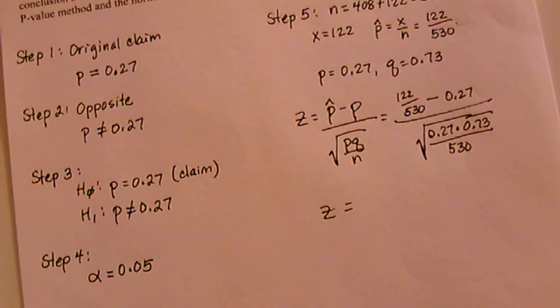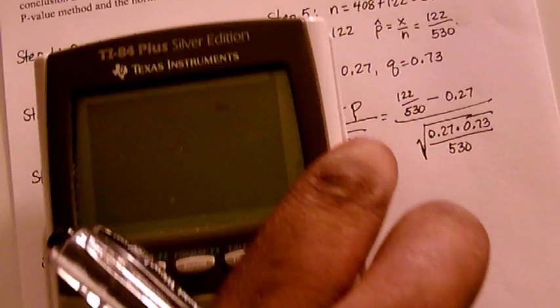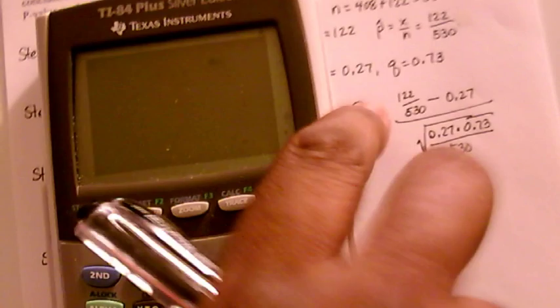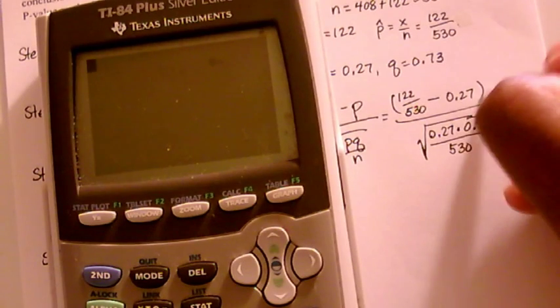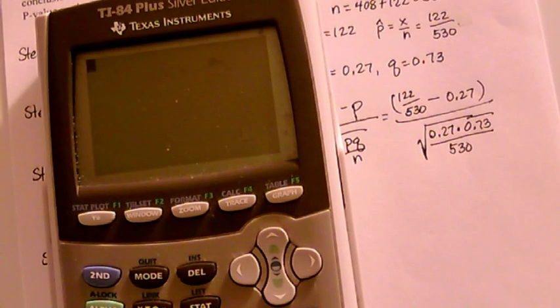So to get Z, this is where we type this into the calculator. This goes in parentheses in the numerator, so I'm putting that in parentheses.